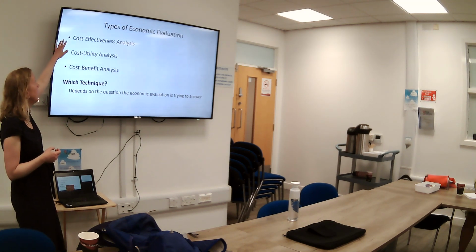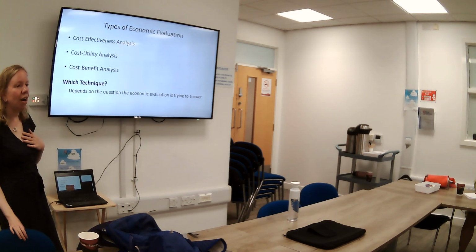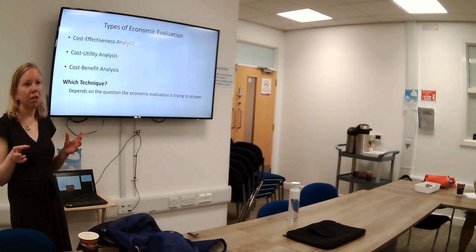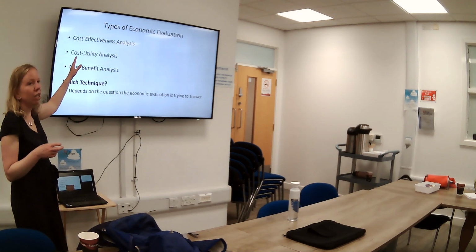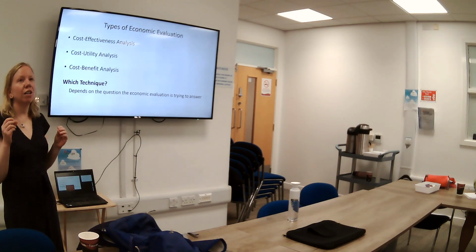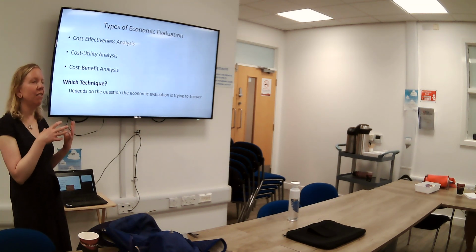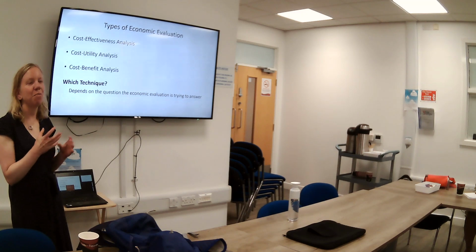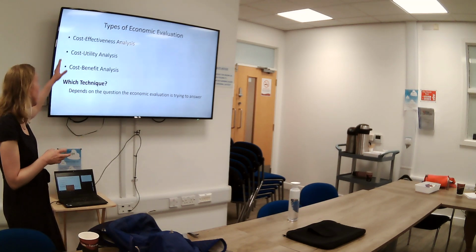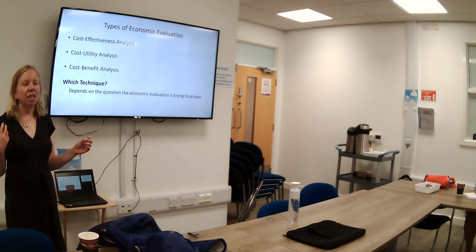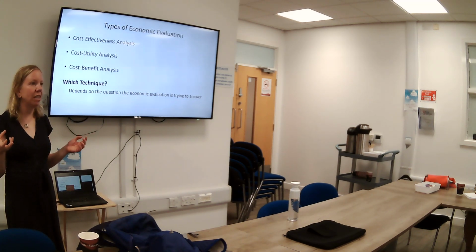With this one, you can only compare the same outcome across 2 different things. With cost utility, you can look at quality and quantity of life, so you can look at more things, and therefore compare across 2 different types of things. A lot of this is in healthcare, so if you wanted to use cost utility, you could compare knee surgery treatments versus, say, hip replacement, something that's quite different.